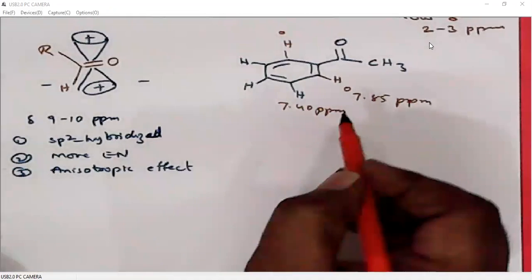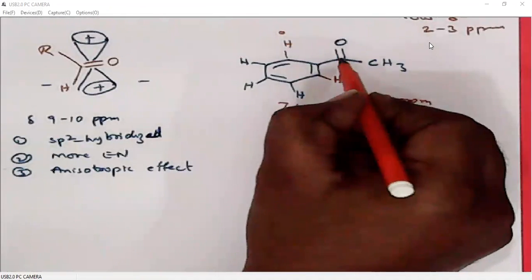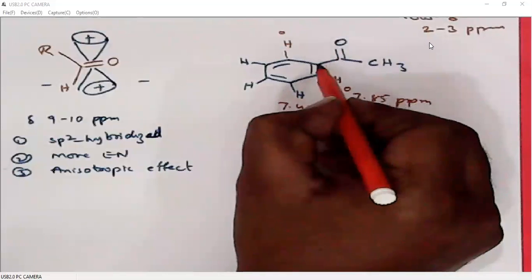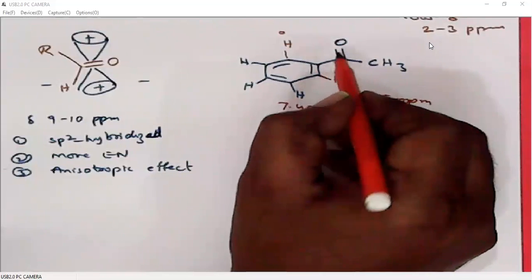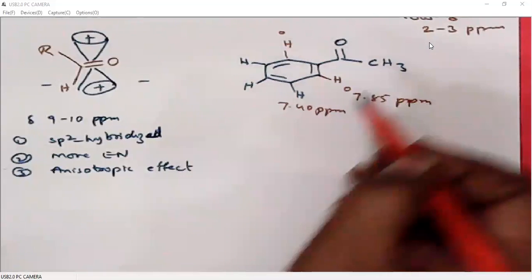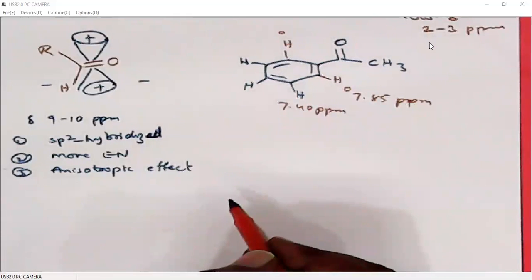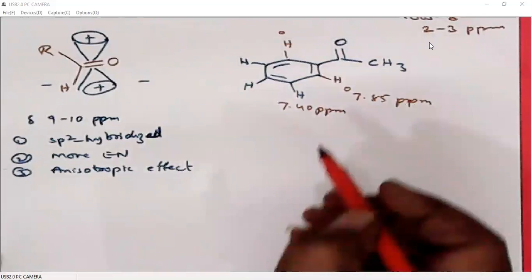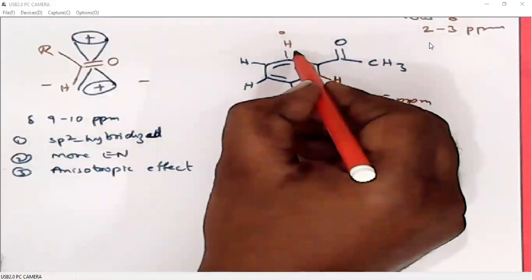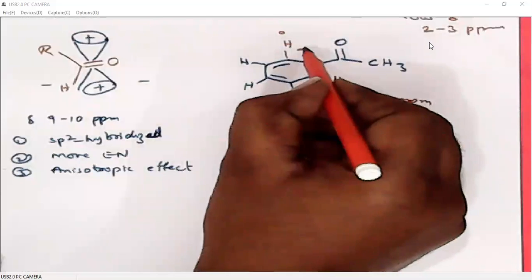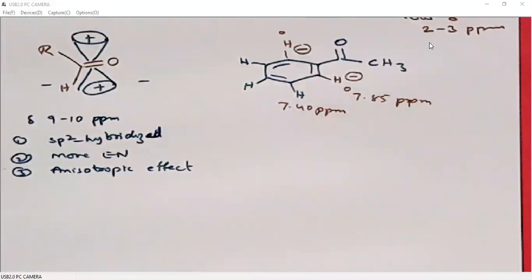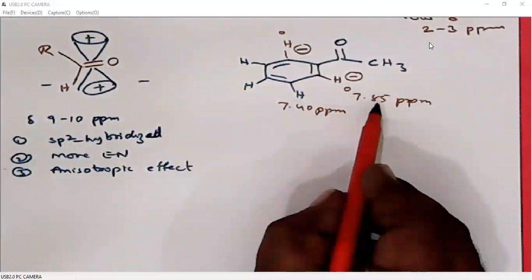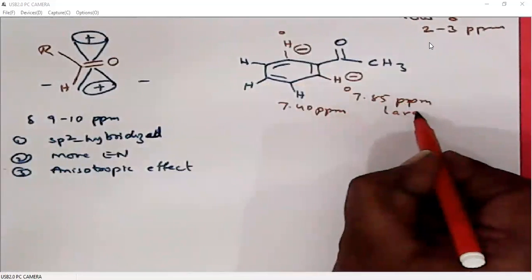Yeah, the reason is that because of the presence of a carbonyl group on the aromatic system, we do observe shielding and de-shielding, magnetic anisotropy. So when we do that, what will happen? These protons will be in a de-shielded region. So because they are in the de-shielded region, they will appear at a large delta value.